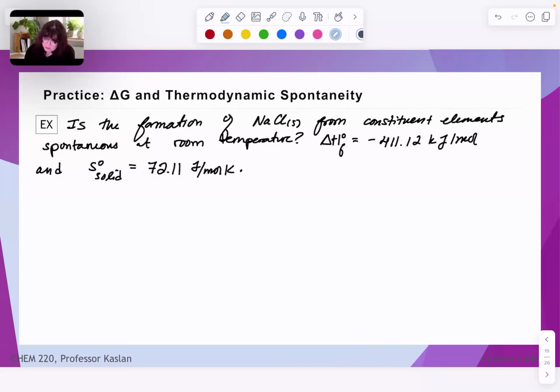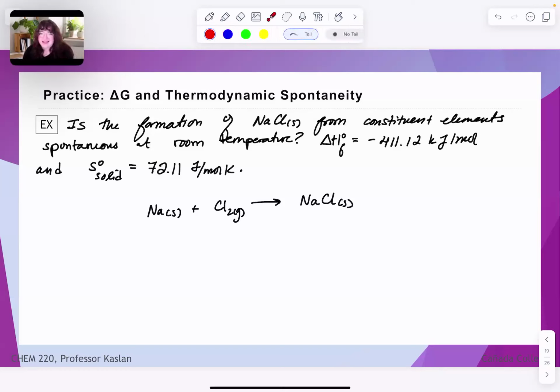So remember, the standard enthalpy of formation, or in general the formation of a substance from its elements at standard conditions, is the formation of 1 mole of that substance from its respective elements. So we have solid sodium and chlorine gas.